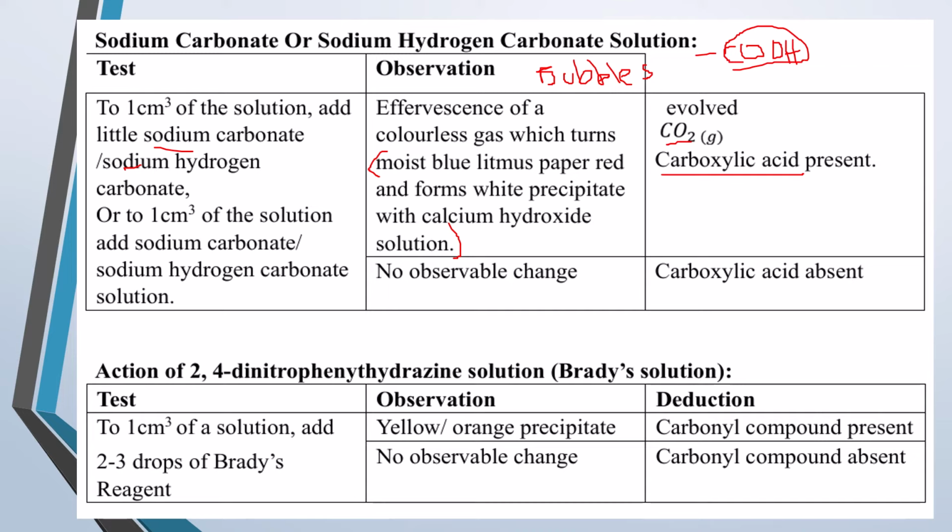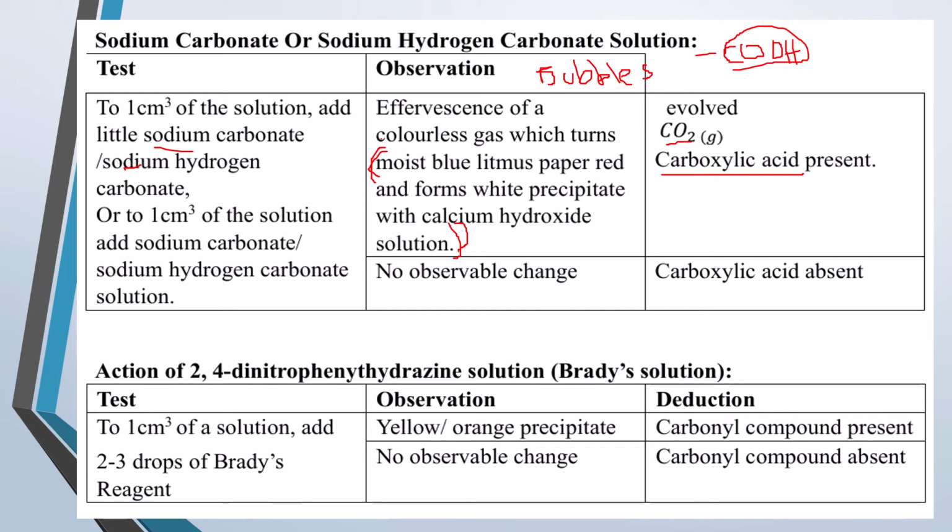So you conclude that carboxylic acid is present. You are going to ignore this continuation part when you're summarizing. Whenever you use sodium carbonate and sodium hydrogen carbonate, we know that if a gas is evolved, it's going to be carbon dioxide. So there is no purpose of carrying out a test for that gas, because there is no other gas that can be evolved when you use those two reagents.